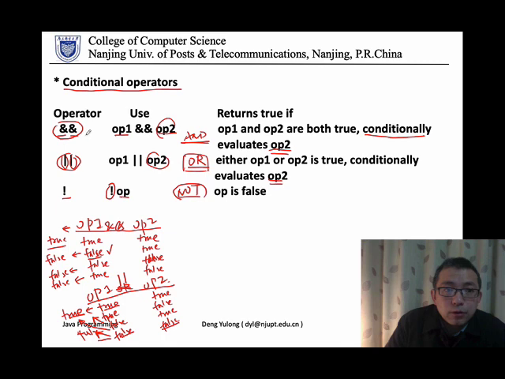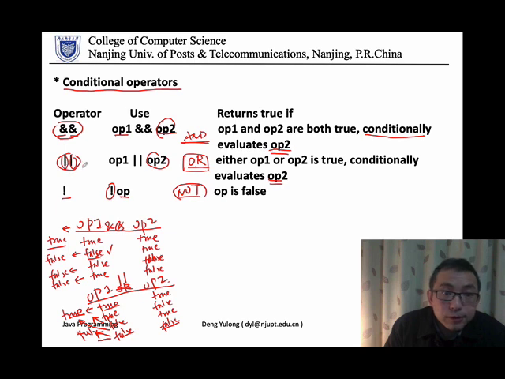In sum, the double ampersand, this sign, we make the AND operation. If the first operand is false, the second operand will not be evaluated because the result is always false. But if the first operand is true, then the second operand will be evaluated. Okay?